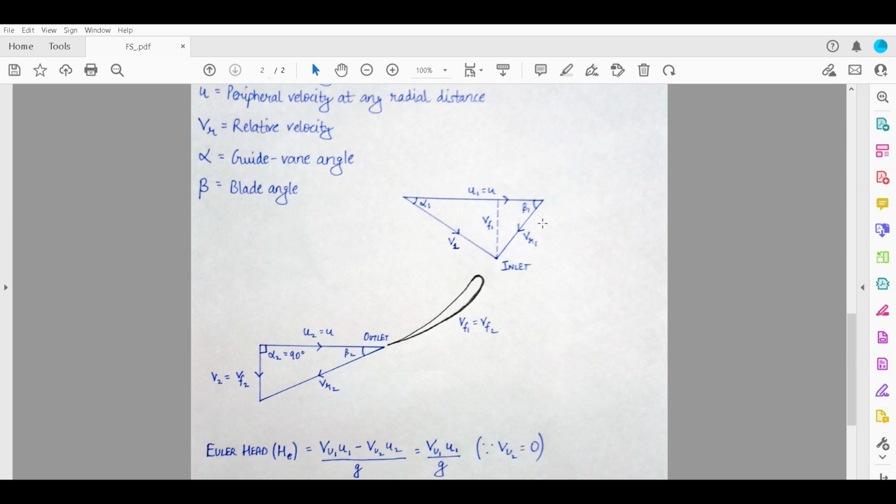As we can see, the angle between the absolute velocity at the inlet V1 and the peripheral velocity U1, which is always the same, U1 equals U2 and is taken as U. The angle between them is alpha 1, and the angle between the relative velocity and U in the negative direction is beta 1.